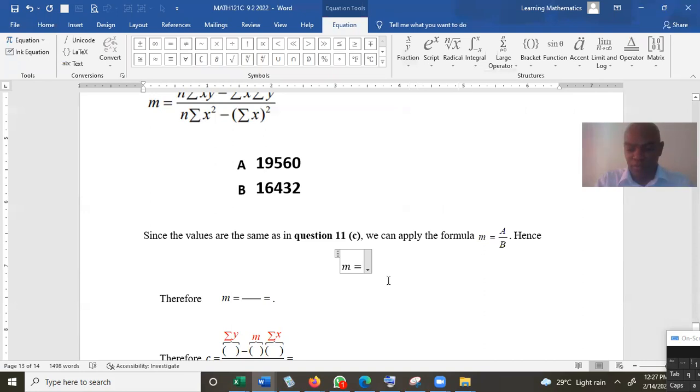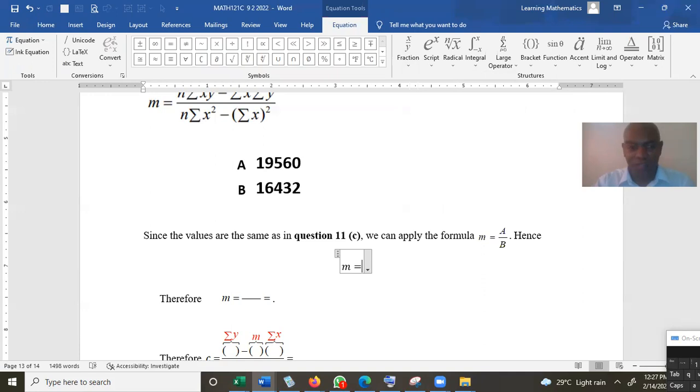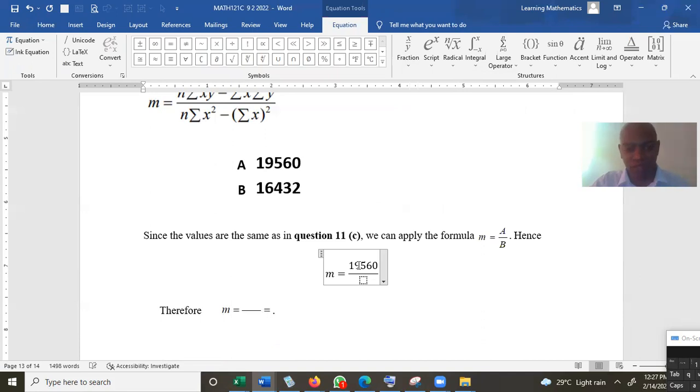Typing 19560 and the fraction line, then tab, and look, the fraction automatically pops up, so I don't have to go looking for the fraction. Then you have 16452. A over B.